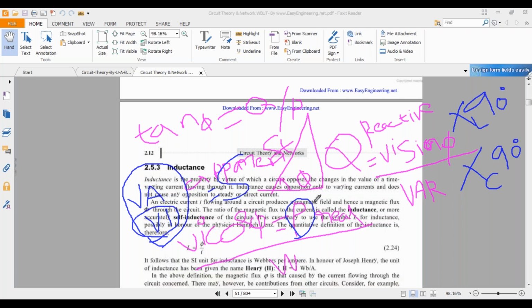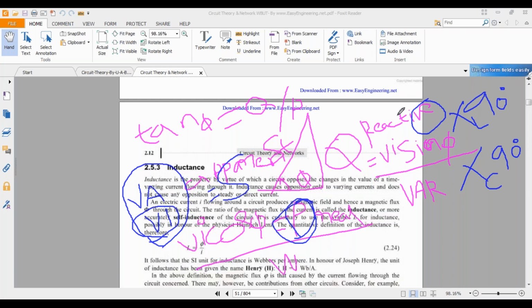That is, resistance consumes active power P. But capacitance and inductance cannot consume power, because the power factor of capacitance and inductance is exactly equal to 0.